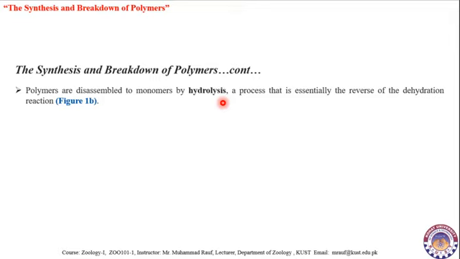The dehydration reaction prepares polymers, and the hydrolysis reaction results in the breakdown of polymers into monomers. This is essentially the reverse of the dehydration reaction. In dehydration reaction, polymers are formed from monomers. In hydrolysis, monomers are formed from polymers.